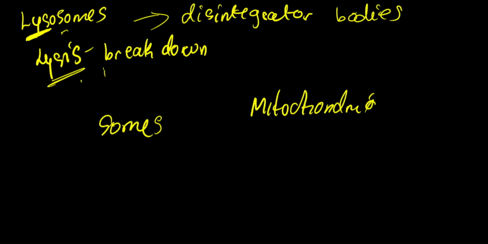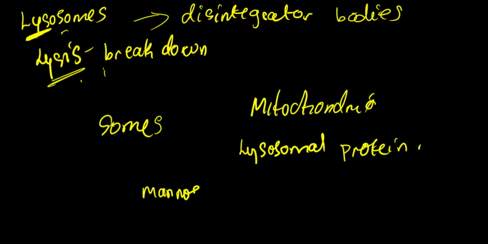When we were studying the Golgi apparatus as well as the rough endoplasmic reticulum, we saw that we had the synthesis of lysosomal proteins, and we said these lysosomal proteins are tagged by mannose 6-phosphate and they are delivered to become lysosome.